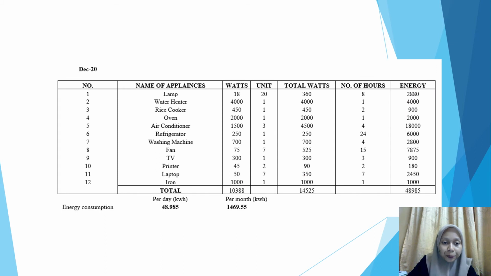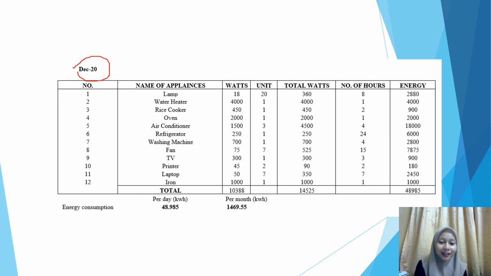Lastly is December. How to calculate this? Same like previous, same like June to November. So the total energy in December that is used is 48,985 watt.